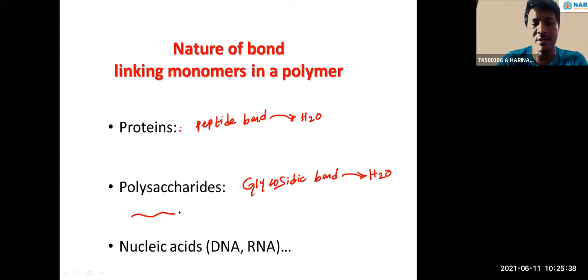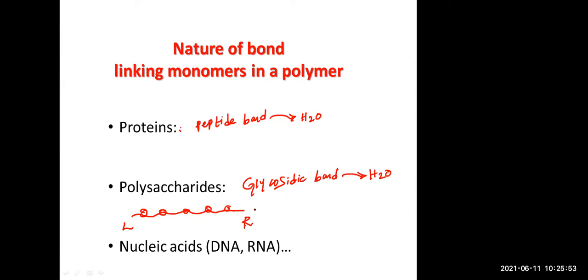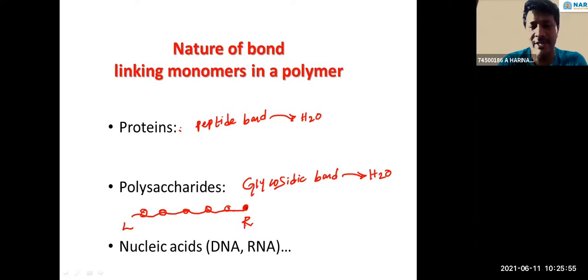Imagine this is a polysaccharide: one, second, third, fourth, right? This one is the left hand and this one is the right hand. Which one is the reducing end? The right hand. Yes, this one is the reducing end and this one is the non-reducing end.